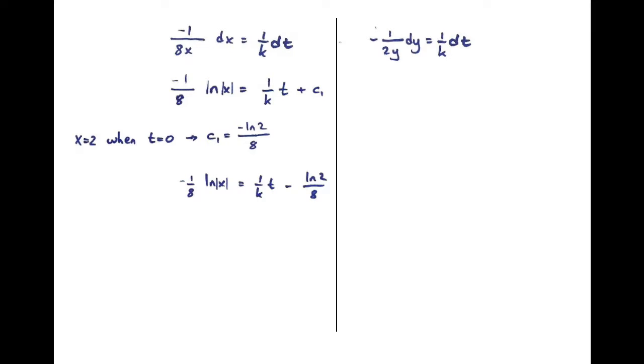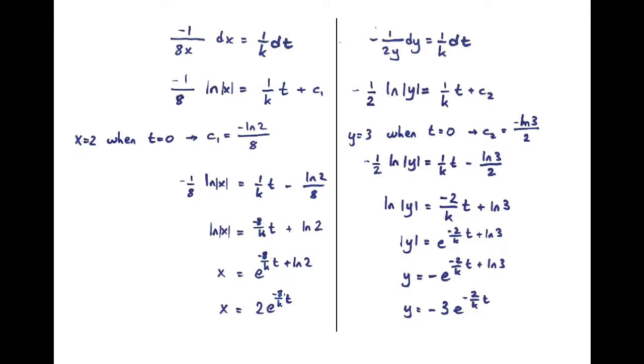So I substitute the value of c1 in the equation, and from here, again, just standard algebra, I'm trying to solve for x. I multiply by -8, and I find x equals e to the power of -8/k times t plus ln of 2, which is x equals 2 times e to the -8/k times t. In exactly the same way, I can solve for y, and I can find that y equals -3 e to the -2/k times t.